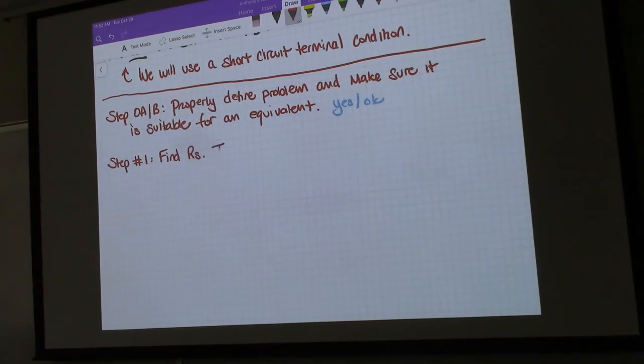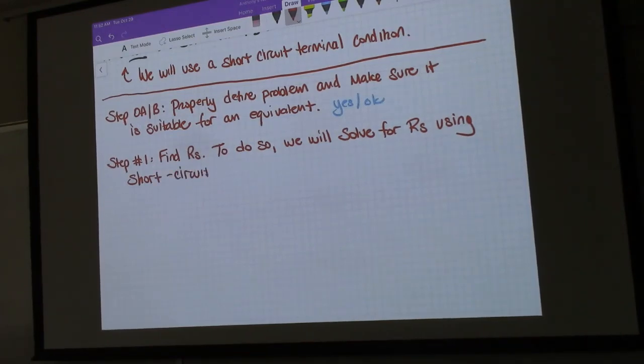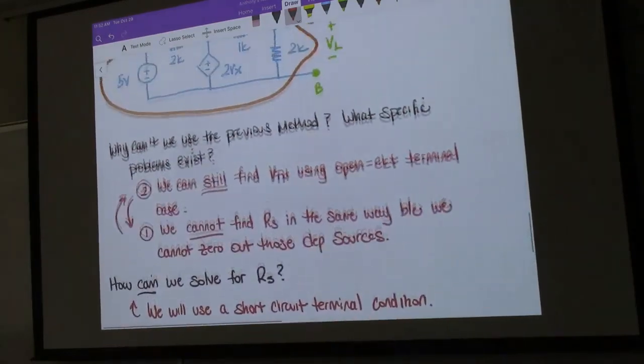To do so, we're going to short the terminals together. So what is that going to look like?